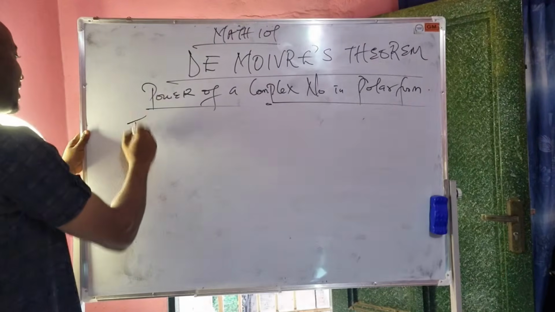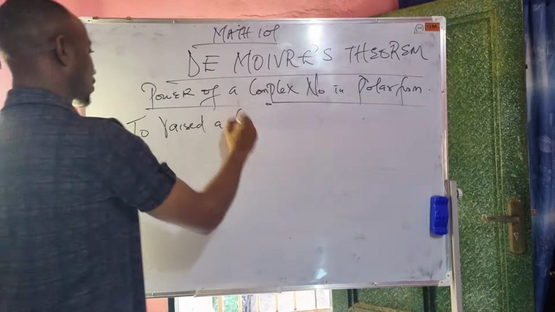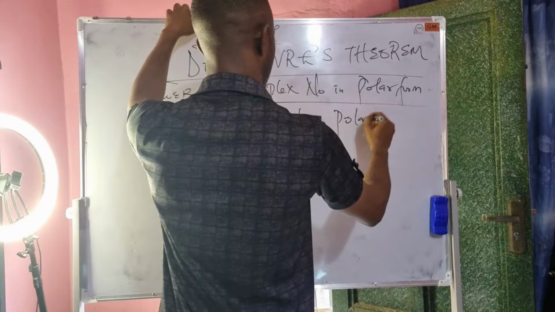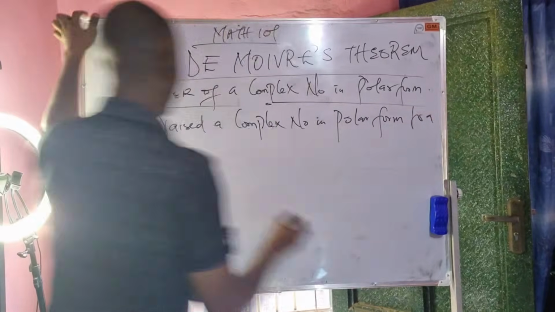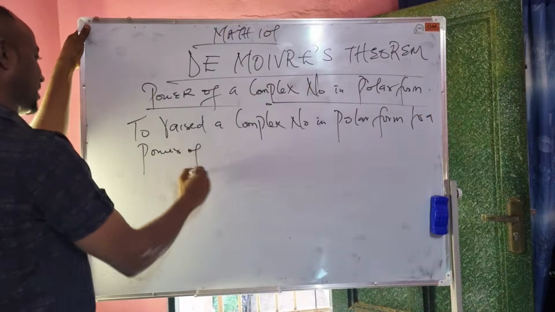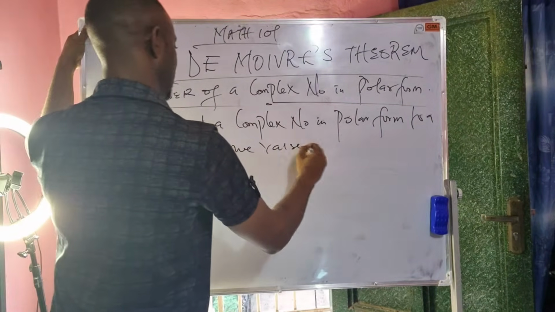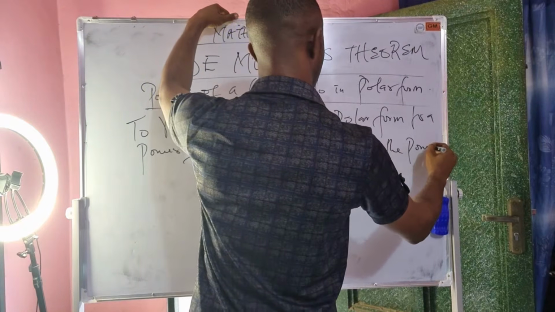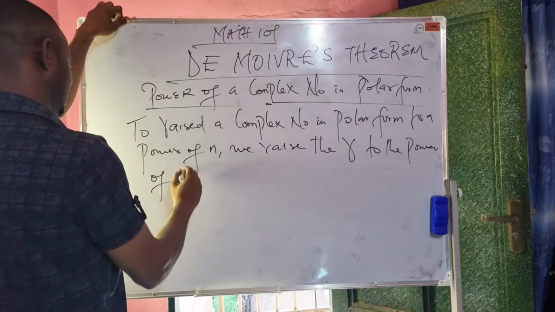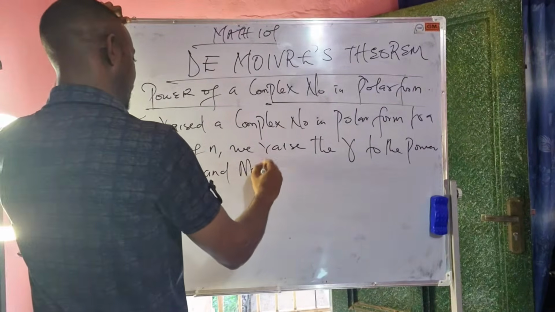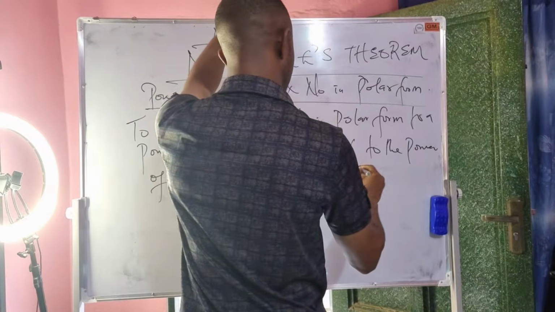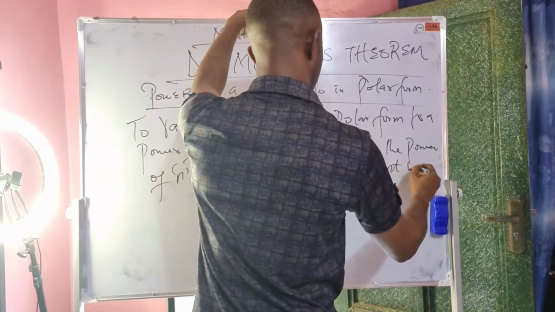I repeat again, to raise a complex number in polar form to a power of n, we raise the r to the power of n and multiply the argument, which is the angle, by n.